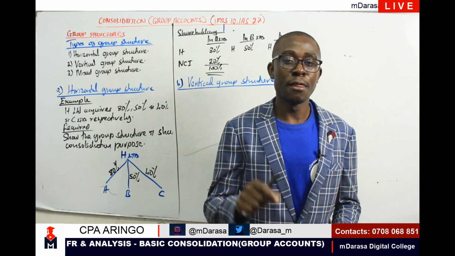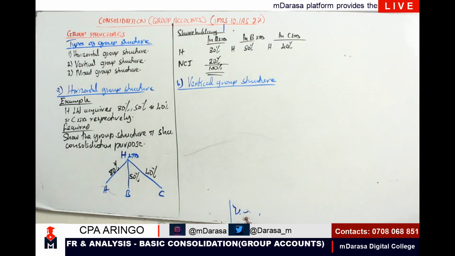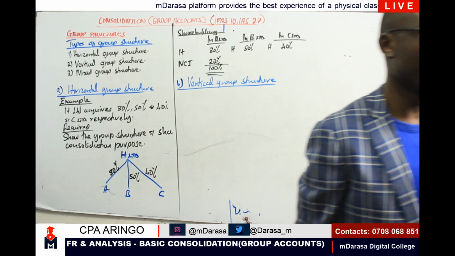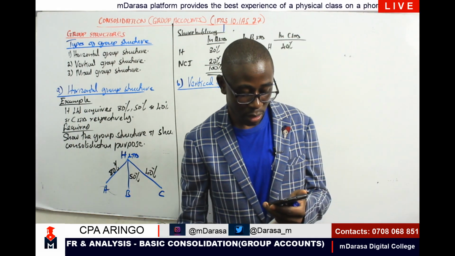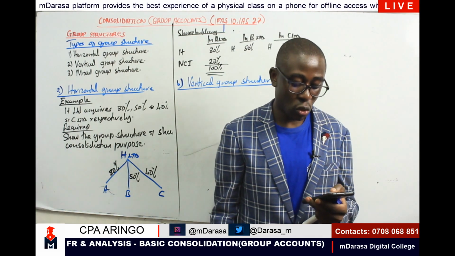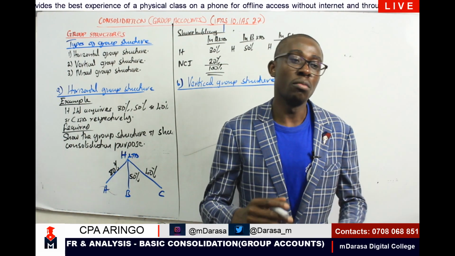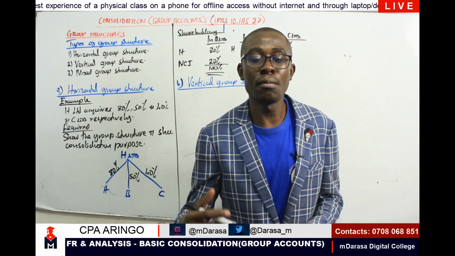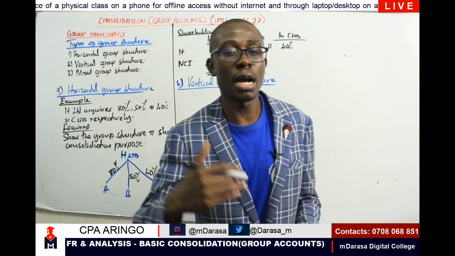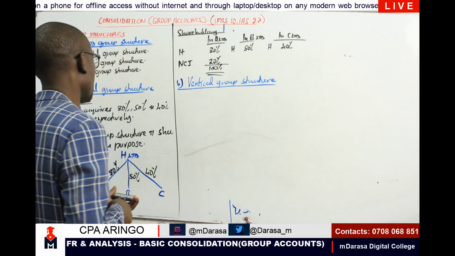Mwalimu is saying that for us to talk about vertical group structure, we are looking at a situation where a subsidiary company has a direct control in another subsidiary company, meaning that the parent company will be having what is known as a sub-subsidiary.